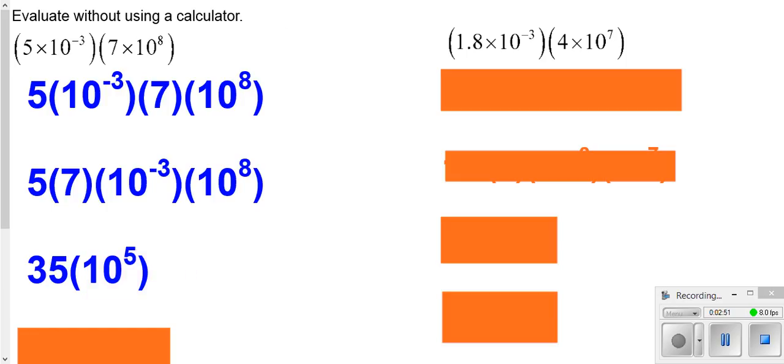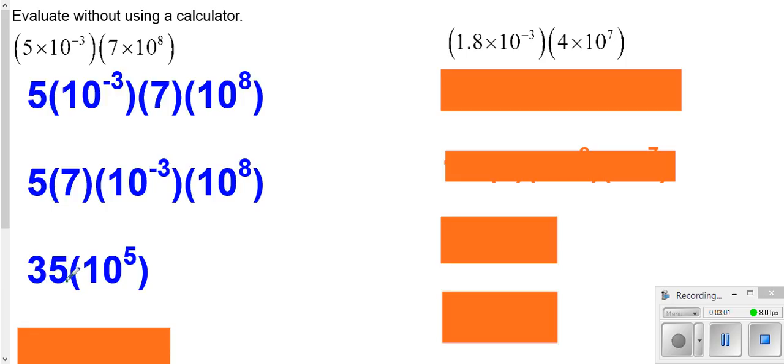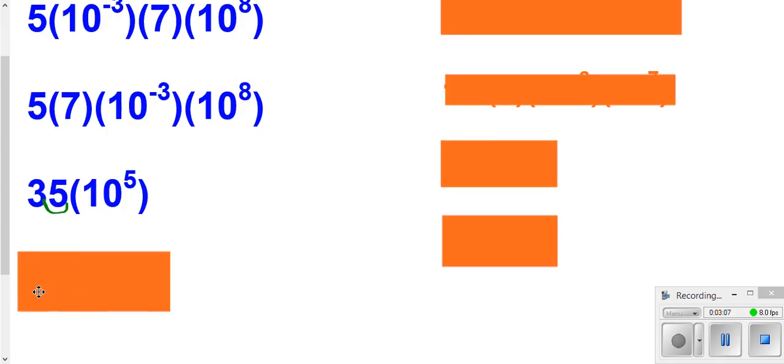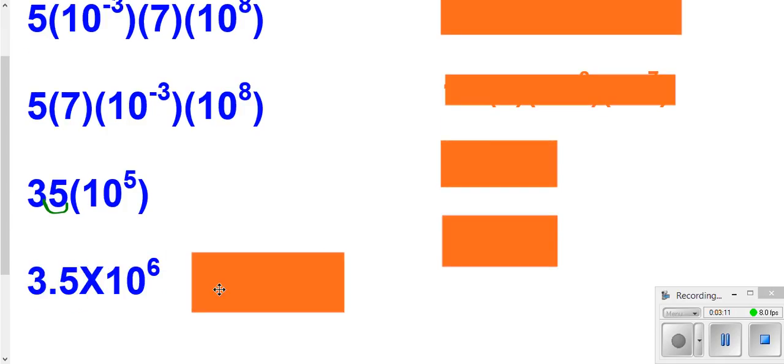However, I'm not done because my decimal point is right here, and I can only have one number in front of that, one digit, so I need to move it over here. So I'm really going to get a 5.3 times 10 to the 6th.